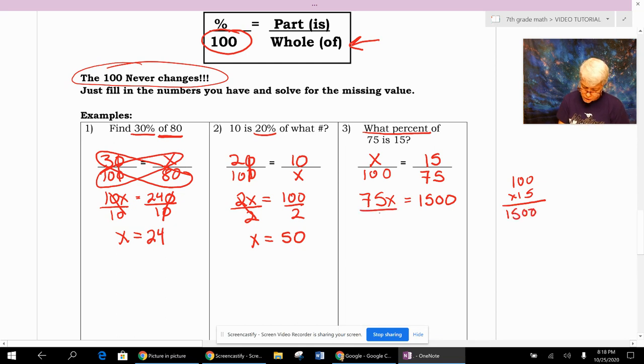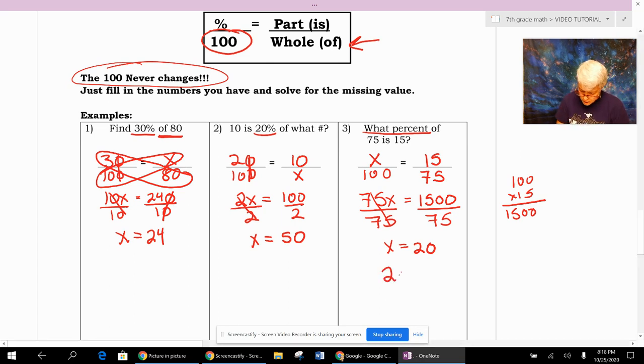All right, now division. I'm solving for x, so I'm going to divide both sides by 75. You would probably have to work this out on your own, but 1,500 divided by 75 is 20. So I'm not done yet because it's asking me for a percent.